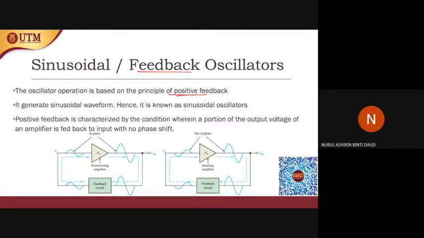The positive feedback is characterized by the condition wherein a portion of the output voltage of an amplifier is fed back, so the output voltage waveform will enter the input of the amplifier again. That is the function of the feedback circuit.